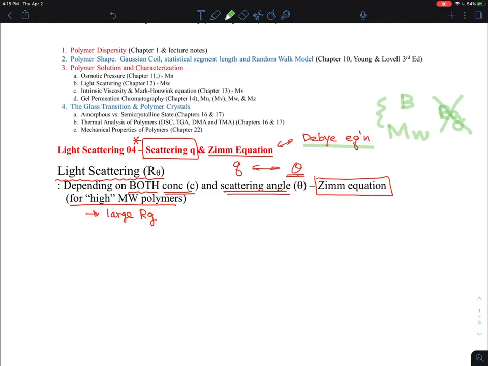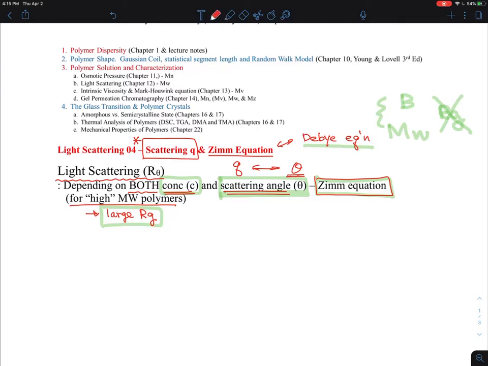If you look at the Debye equation, the only thing you are using is a concentration term, right? So I guess you can speculate that the scattering angle dependence gives rise to the radius of gyration measurement. That is the Zimm equation that is going to be shown up here.